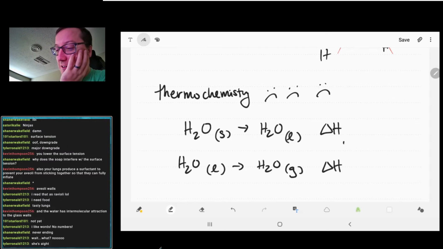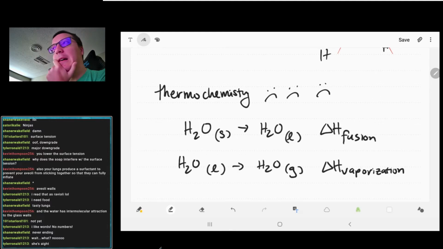This one is called delta H fusion. And this one is called delta H vaporization. Delta H would be different for each substance, of course, because they would be different amounts of interactions that you're breaking or messing with. So you're going to see that these would be different for different substances.